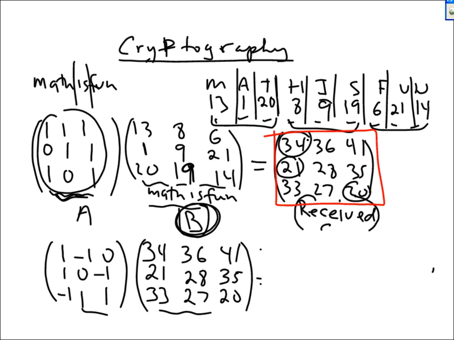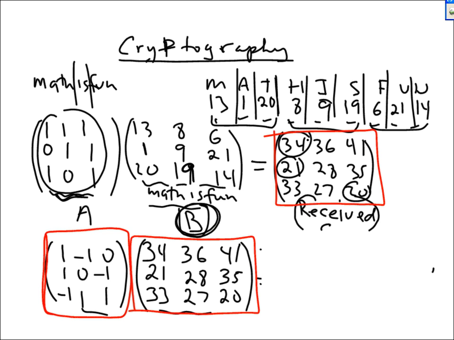But what they're going to have to do is take that matrix and multiply it by every invertible matrix. Every 3 by 3 matrix that has an inverse. And you know what? That might not even work.